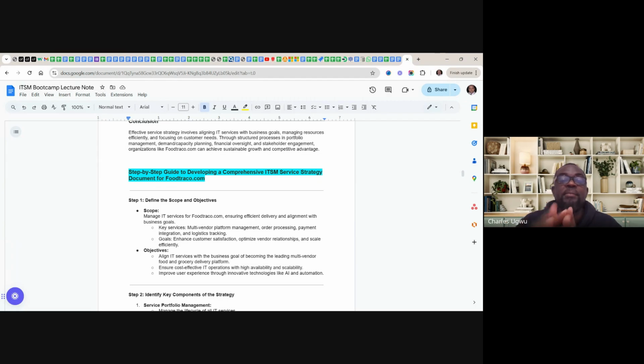Okay, step-by-step guide to developing a comprehensive IT service strategy document for Foodtraco.com. The main objective: we have seen key points, key areas, key factors we can leverage, put together, and select from to help us develop a good IT strategy. But how do we start doing this?